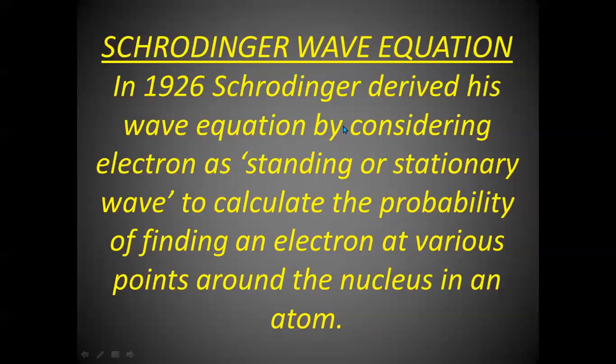Again, he is considering the electron as a standing or stationary wave. You should remember again that Schrodinger also considers the electron as a standing wave or stationary wave. For what purpose? To calculate the probability of finding an electron at various points around the nucleus in an atom.